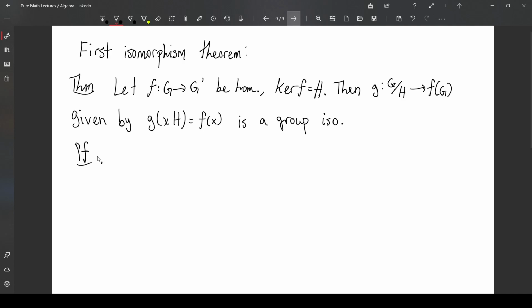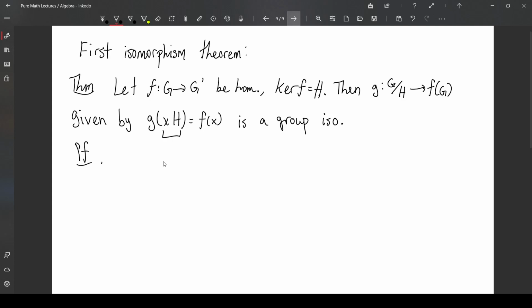So the first thing we have to prove is that this function g is what we say well-defined, right? And you have to do this a lot just sort of as a sanity check. Whenever you define something, when your domain is a set of cosets, because notice what we're doing here. xH is a coset, right?